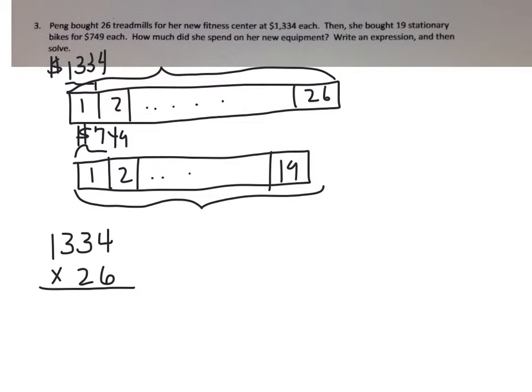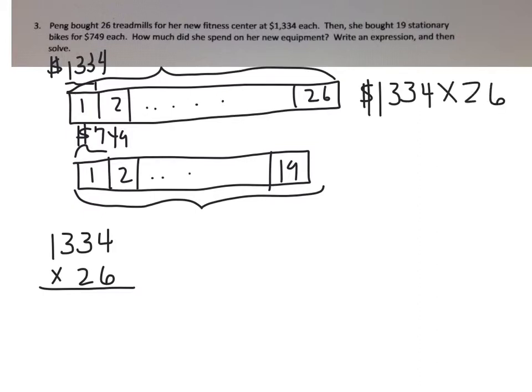Well, let's look at something before I start solving this. The directions tell me to write an expression and then solve. So there's two parts to my problem, and we did this last week. In order to express the top portion of this problem, I'm going to have the expression $1,334 times 26.